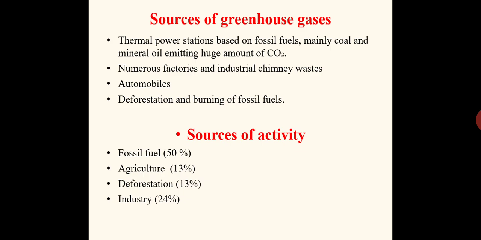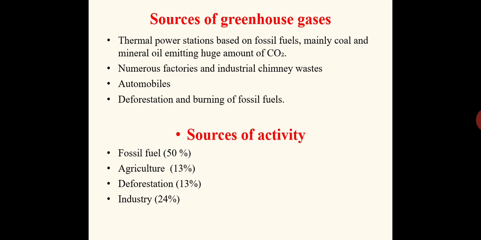So nitric oxides are mostly produced by agricultural activities, and most of the waste produced from agricultural activities is burned within the field itself. That also contributes to the greenhouse gas CO2 content. So by source of activity, agriculture is contributing 13%.